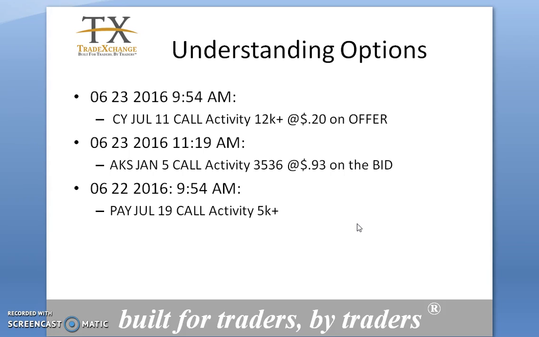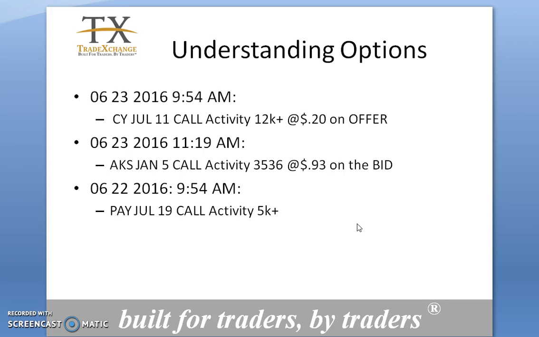A little bit later in the day, we saw AKS Steel. AKS January 5 call activity, over 3,500 contracts at 93 cents on the bid side. What does that mean? It's a bearish sentiment. Remember, selling calls on the bid is a bearish sentiment. And we see 3,500 contracts, 93 cents.